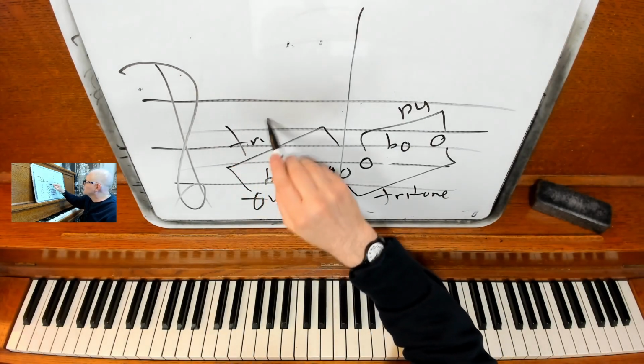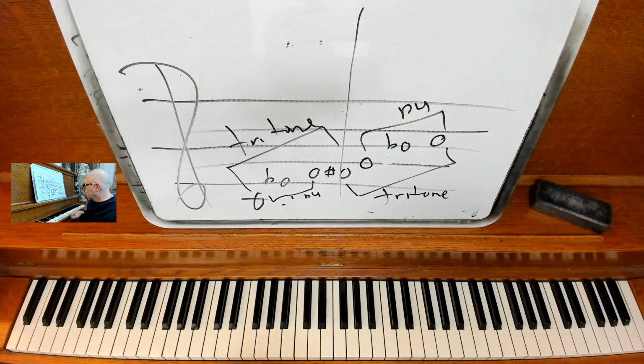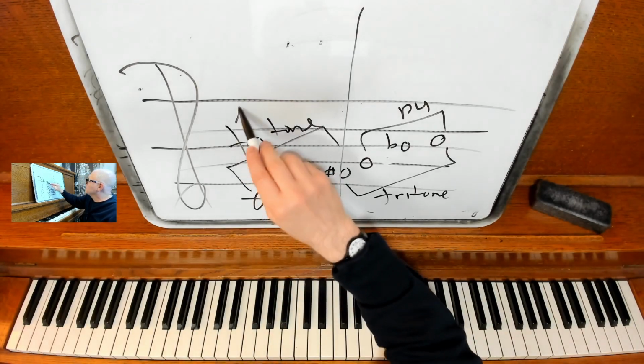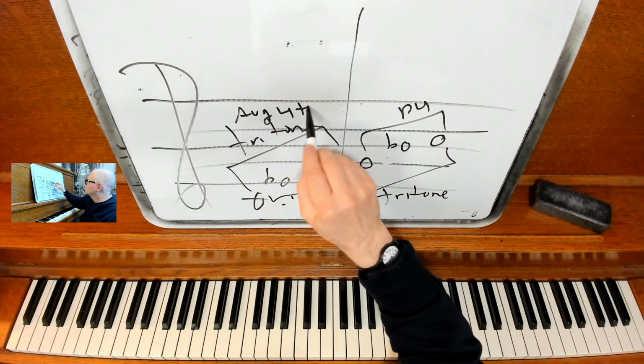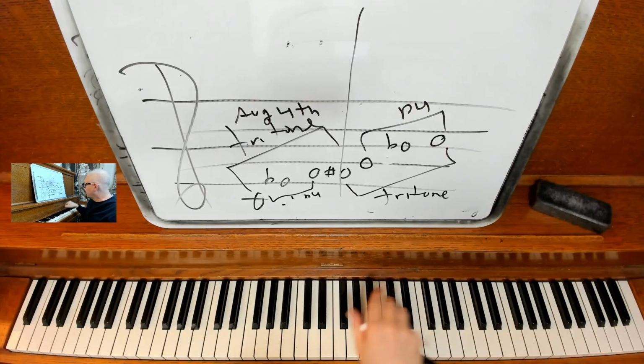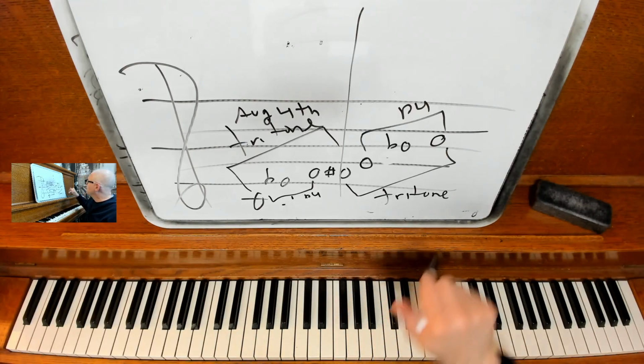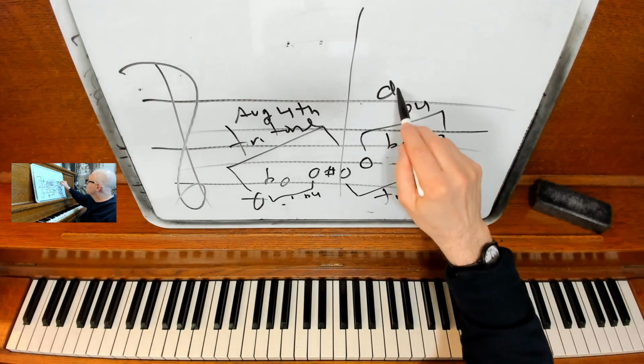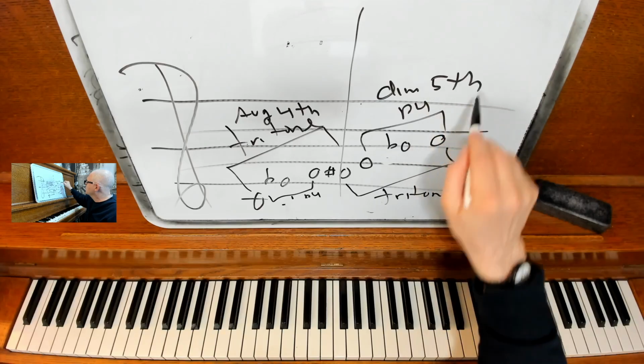What's another name for a tritone? Well, potentially how it's spelled. If I go from C up to F sharp, that might be an augmented fourth, right? And F sharp up to C, that might be a diminished fifth, depending on your perspective.